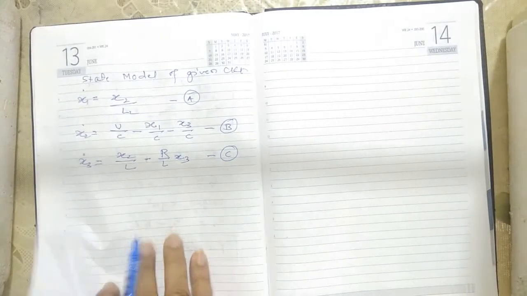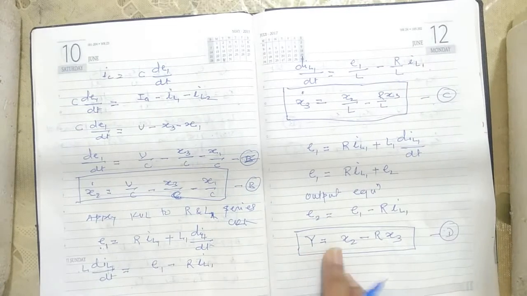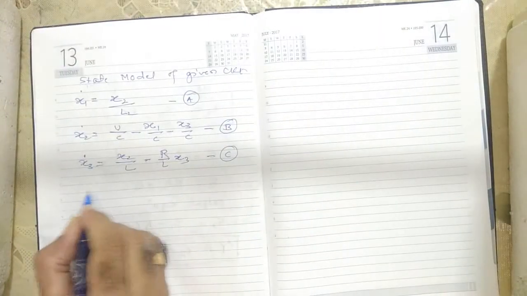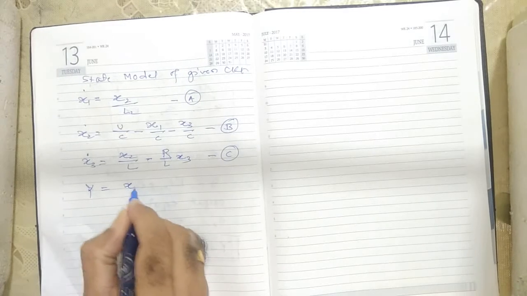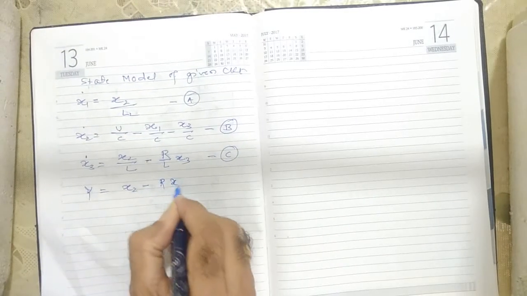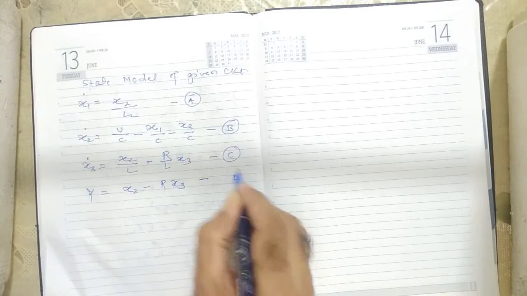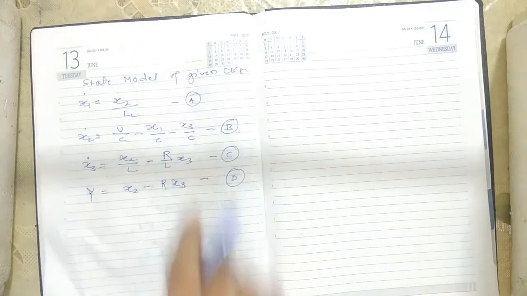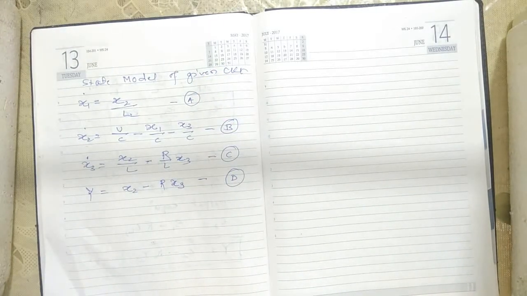This is my equation number C. And my output equation is Y equals x2 minus R x3. This is my equation number 4, denoted by D. So we have three state variable equations and one output equation.